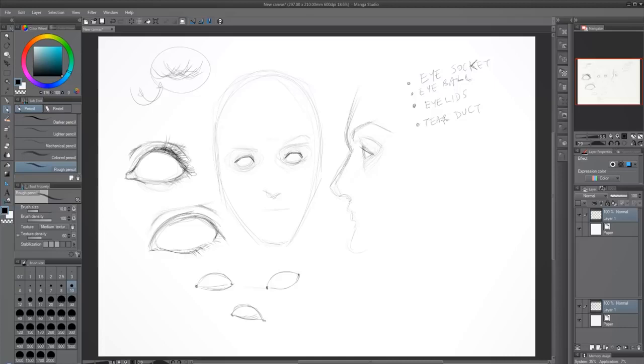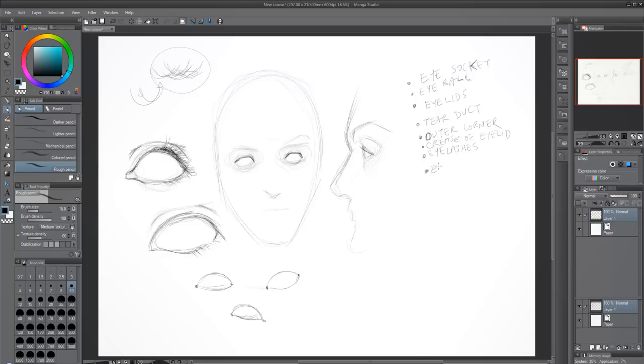So you have your tear duct, and then you have the outer corner, I guess I'll call it. And then you have the eyelashes, and oops, I forgot the crease of the eyelid, crease of eyelid, and then you have the eyebrow, and we've already covered how that sort of hugs the different areas of the eye socket.